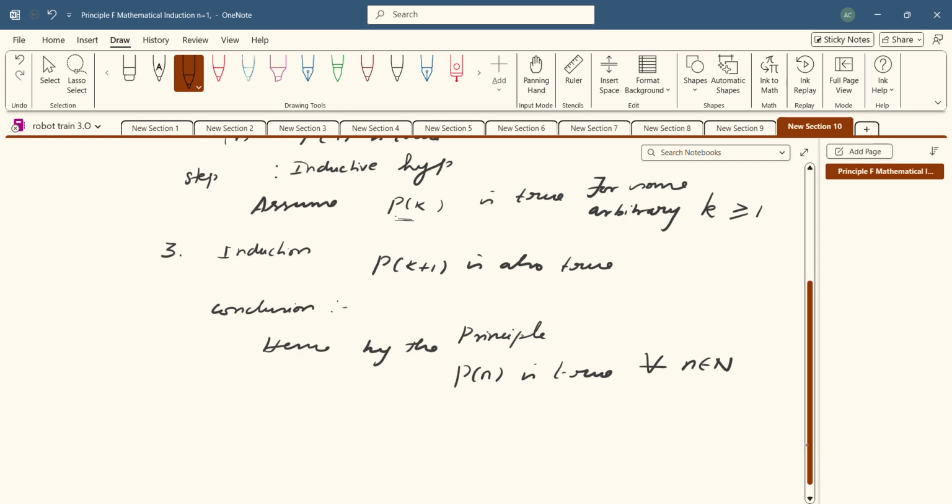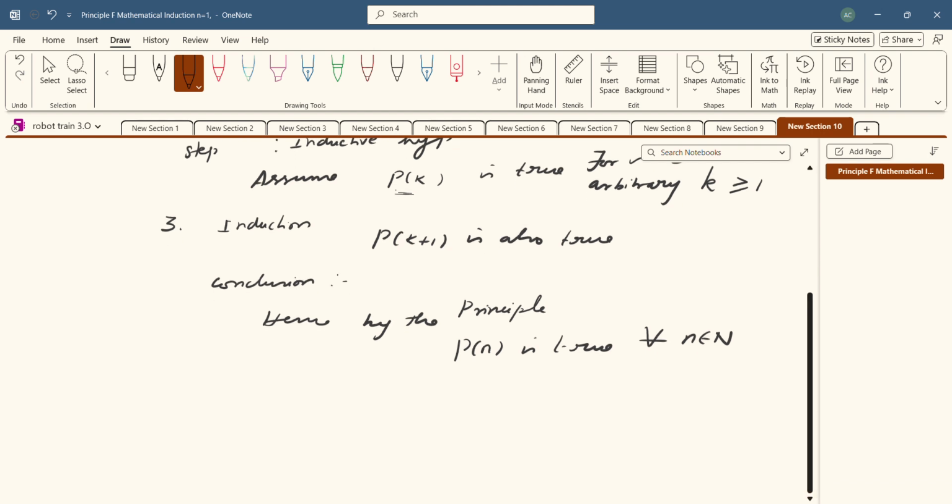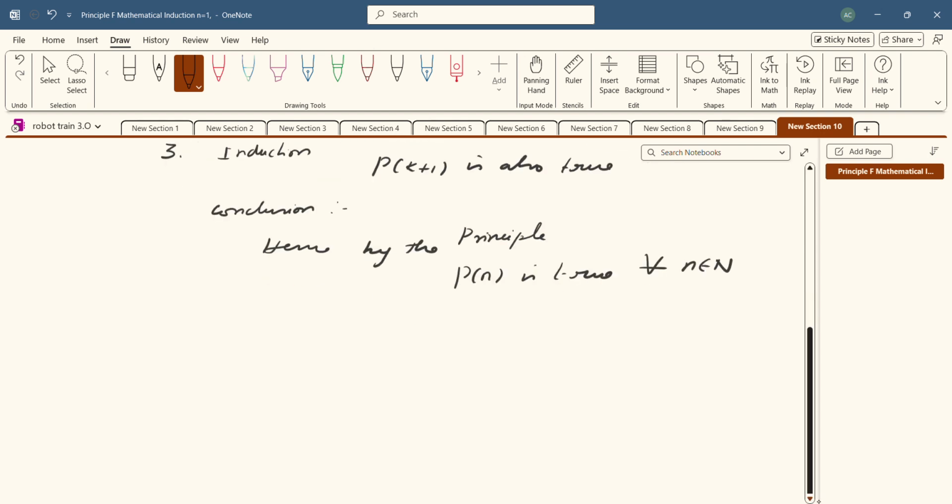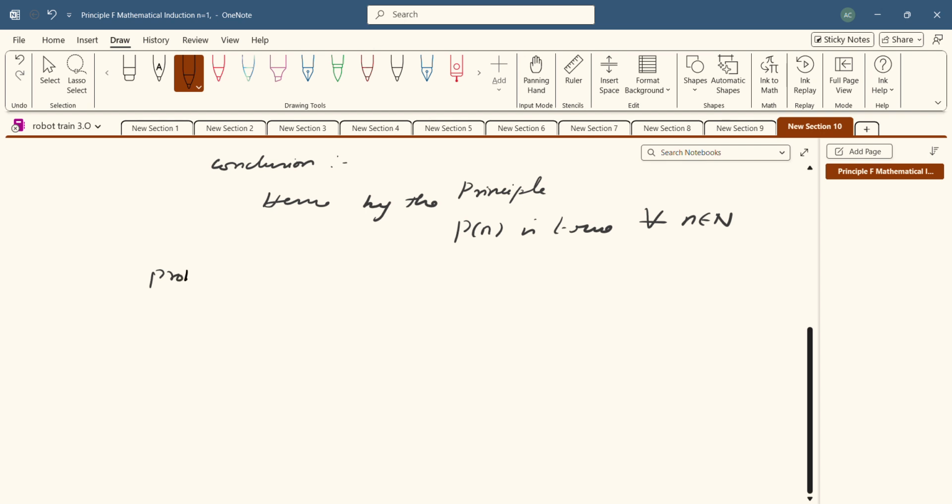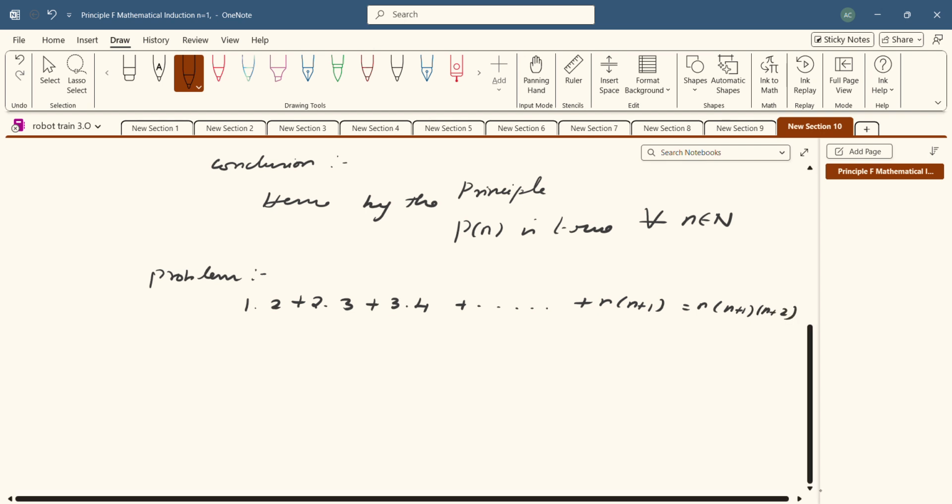Problem number 1. The very first problem in mathematical induction is: using the principle of mathematical induction, prove that 1 into 2 plus 2 into 3 plus 3 into 4 and so on, plus n into n plus 1, equals n into n plus 1 into n plus 2 divided by 3.